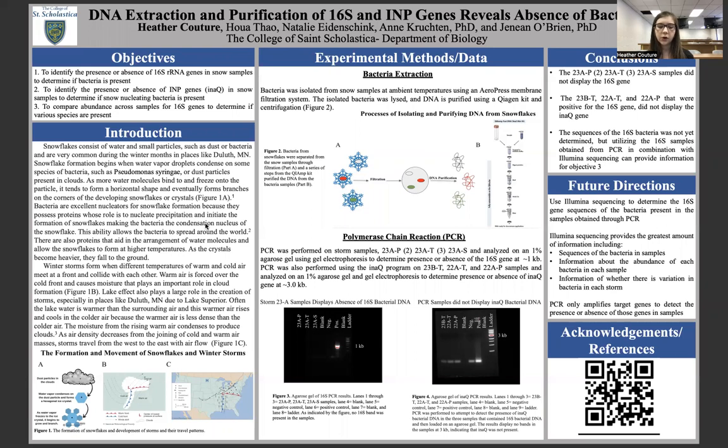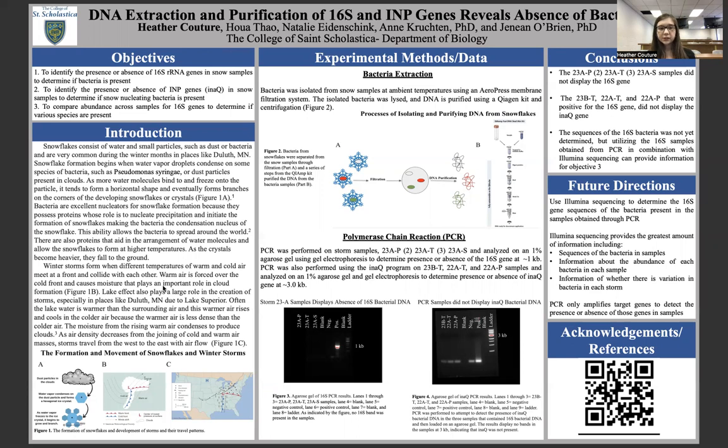How snowflakes form is water vapor droplets condense on the particles in the atmosphere, such as the dust or the bacteria, and it freezes, which can cause this branching formation on the water vapor on the particles, as shown in figure 1A. And as more and more water vapor condenses onto the particle and the heavier the snowflake becomes, it ends up falling down to the ground.